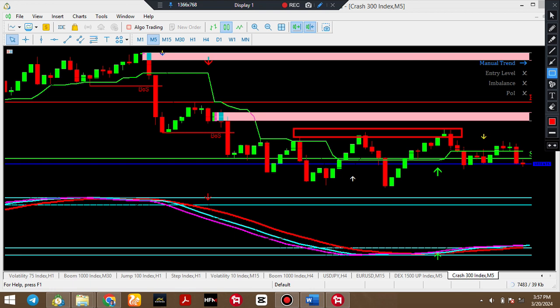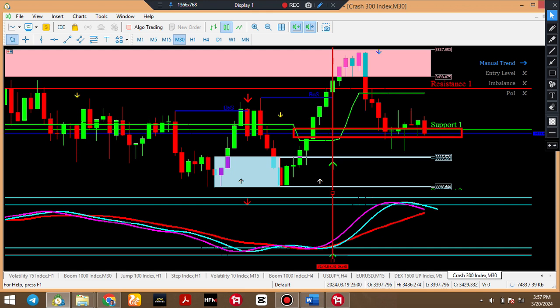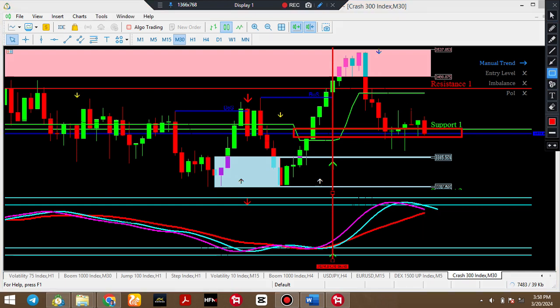So don't be gullible to do that, because when you go and check 30 minutes now, you can see that pressure has changed from up to down. This would have been helpful if everything was still around here, but price is about changing direction. So these are some areas you should be careful of so that you don't dash your money to these people.